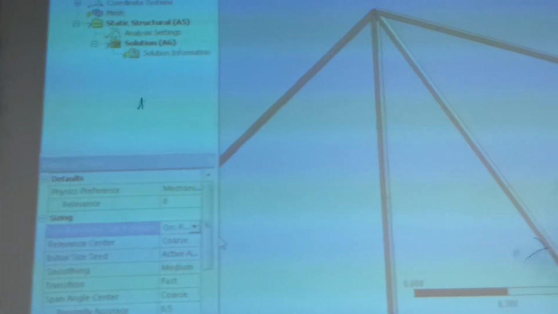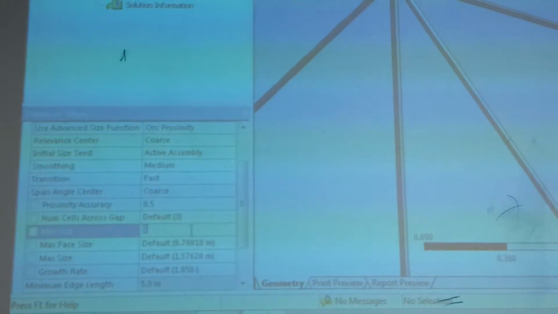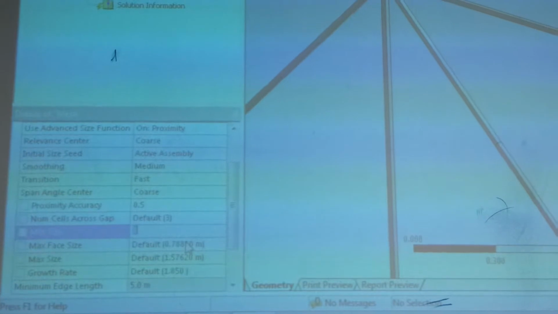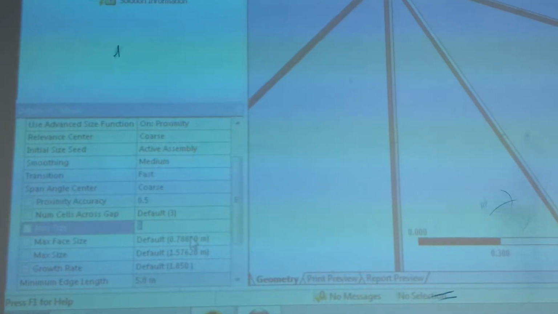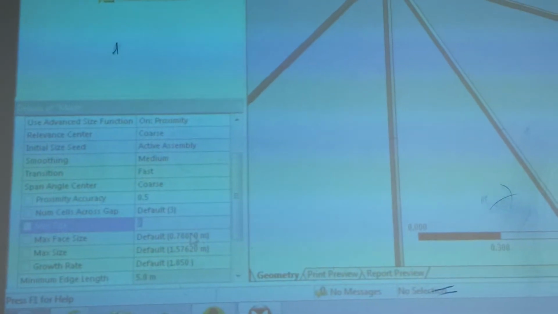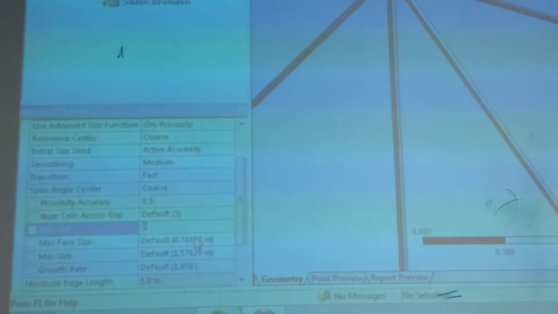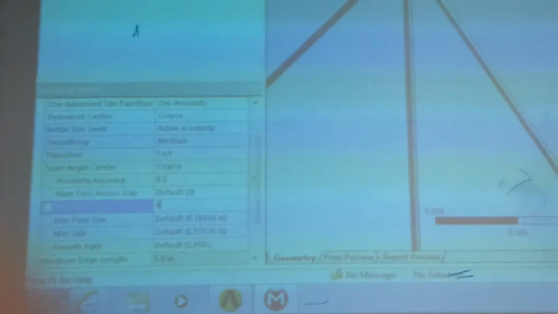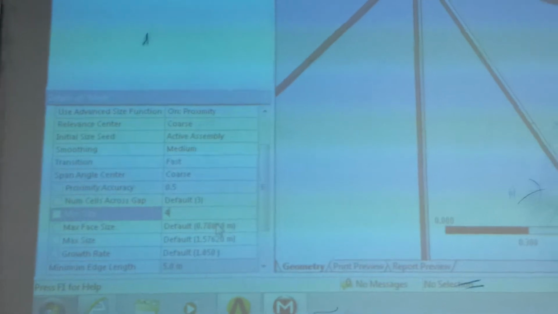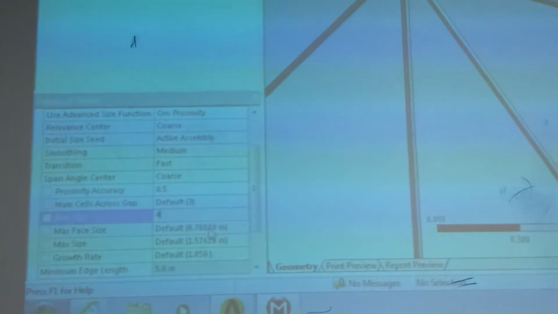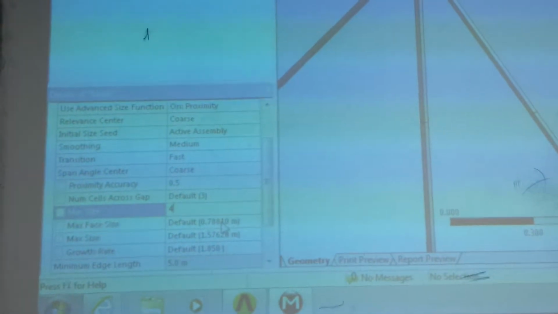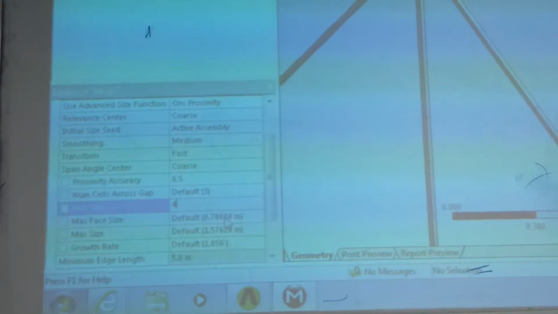And there, I can, for example, tell them that the minimum size should be equal to almost the size of an element, for example, 4 meters. So he cannot put a lot of elements in between.